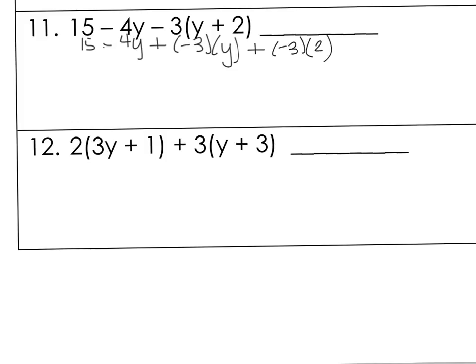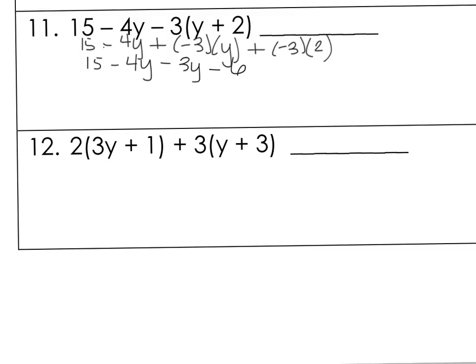When we rewrite that, we get 15 minus 4y. Now, we all remember if you have plus a negative, that's really negative 3y plus a negative again, negative 6. So again, 15 minus 4y minus 3y minus 6.